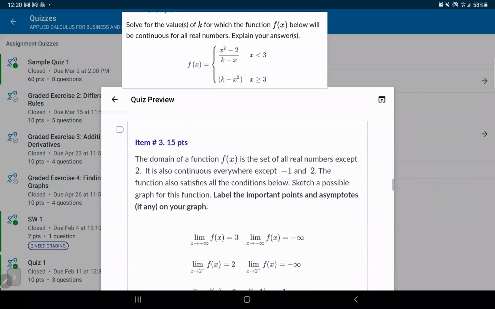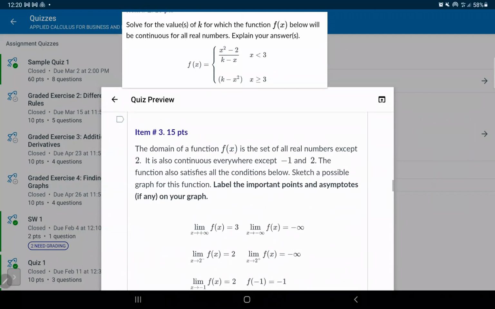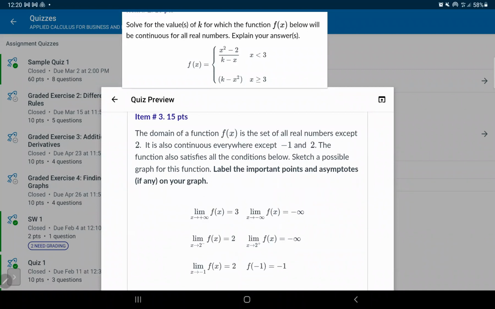Okay, for number 3, it's a graphing problem. Someone asked me a question like this in the review session or in the consultation session. So if you watched that, or were part of that consultation, you may already have an idea of how to solve a problem like this.